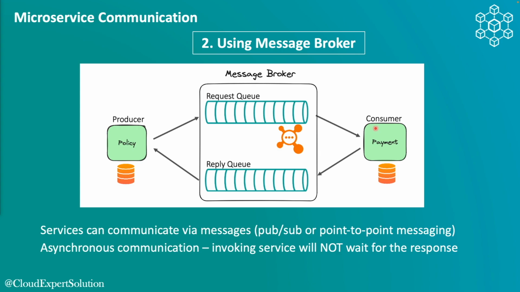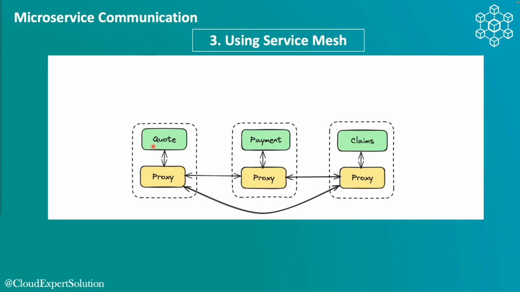The consumer application will process the request, create the response, and post it into a reply queue. Then the reply queue will push that response to the producer application, or in our case, the policy module. This is the way we can create two-way communication, and if you want to establish two-way communication, you need a separate queue.